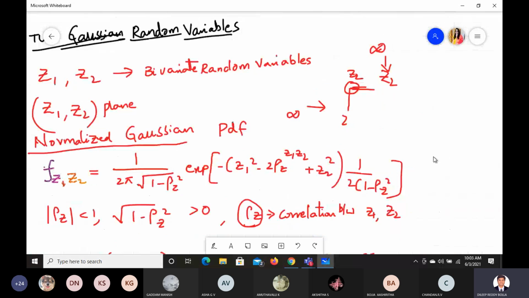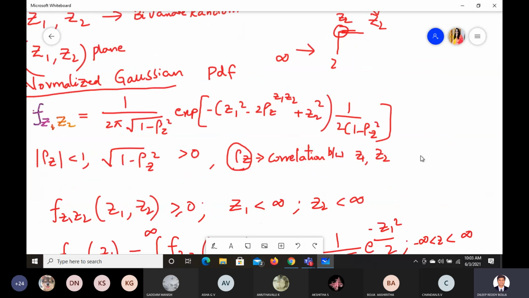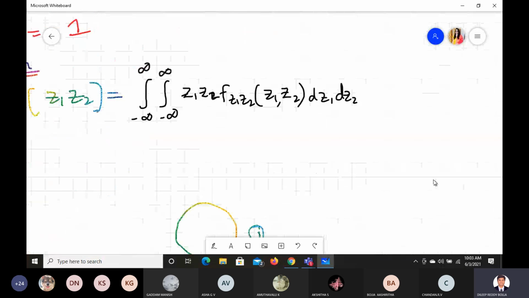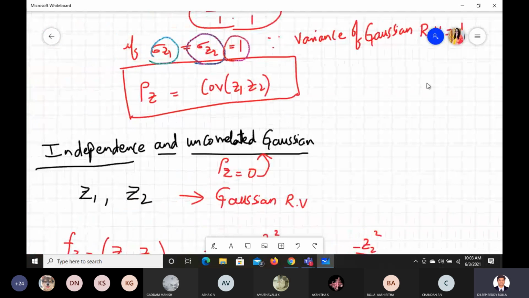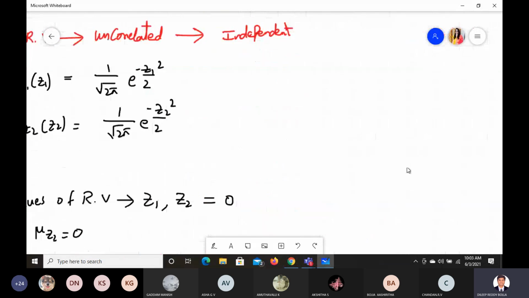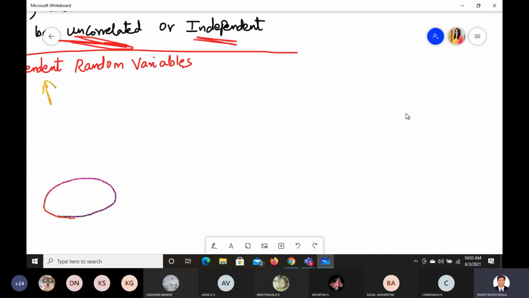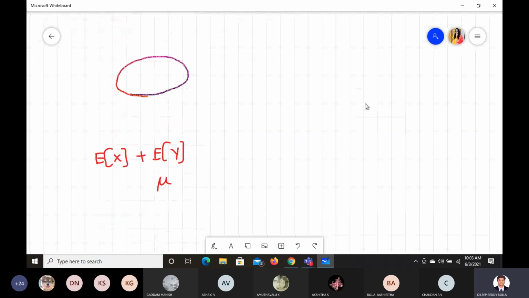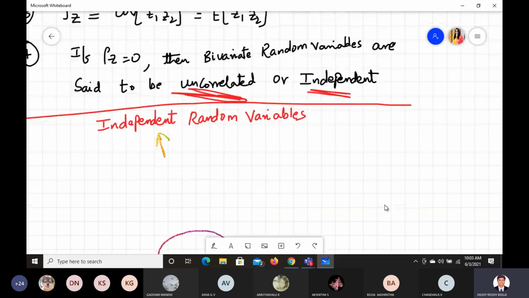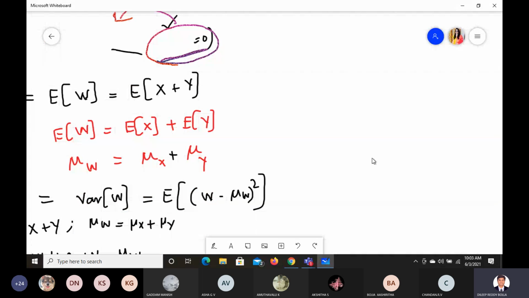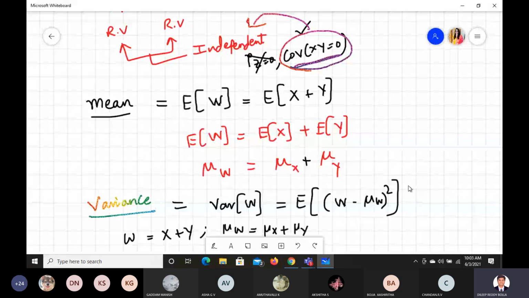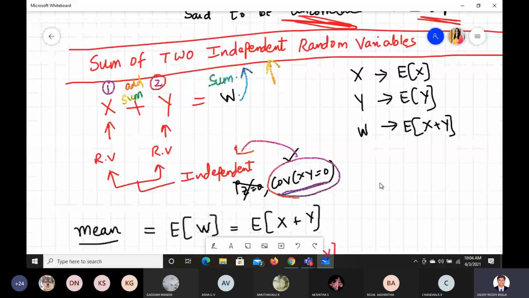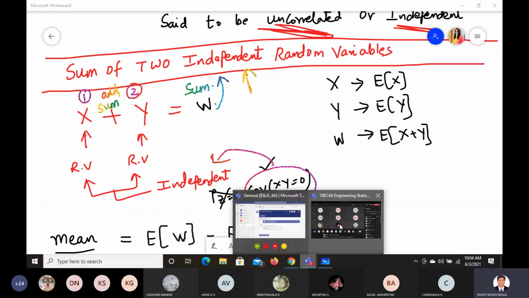After that, we have seen the Gaussian random variables. We will just recap what happened in the previous class.